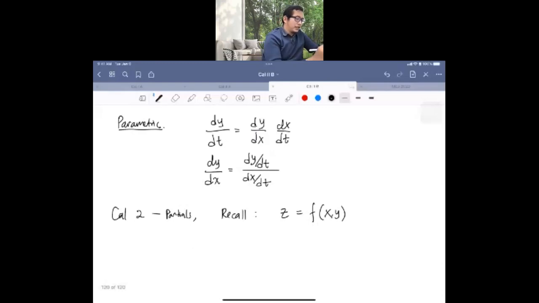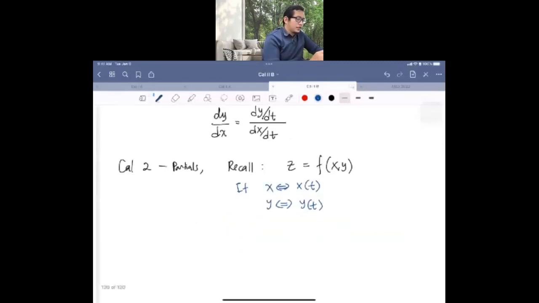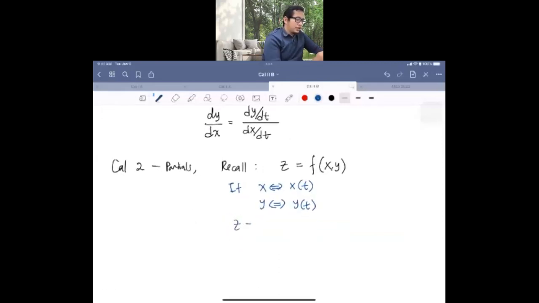And if x is actually a function of t, and if y is a function of t also, then we can write z as a function of x(t) and y(t), right?